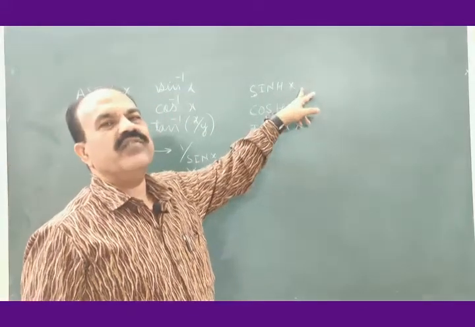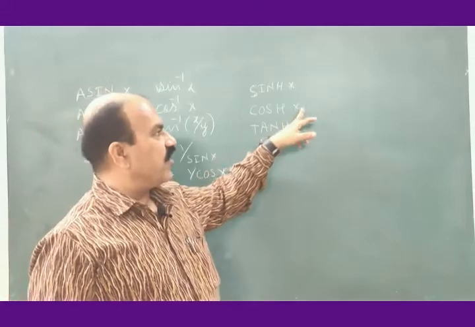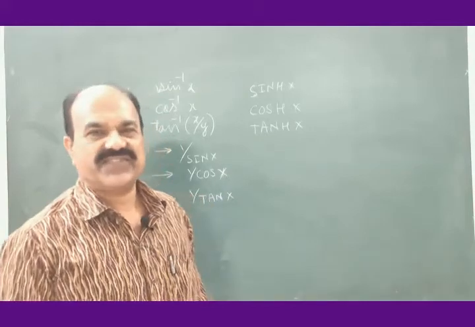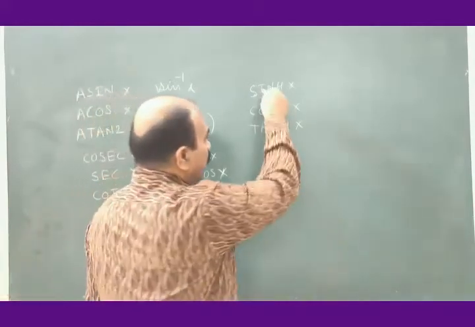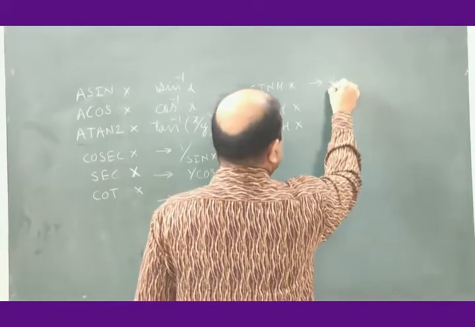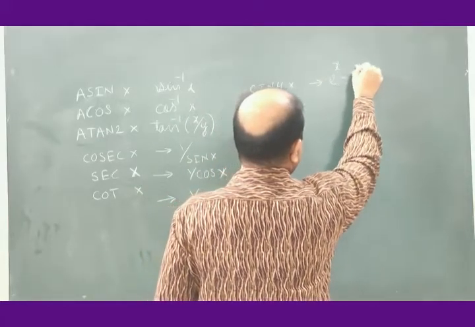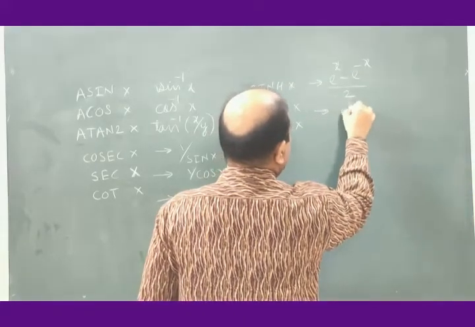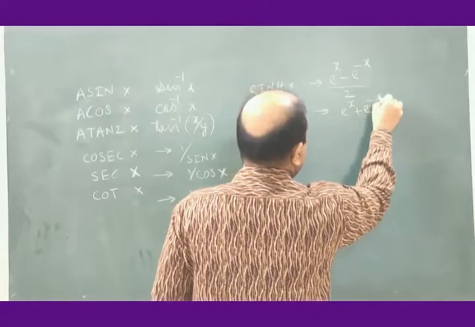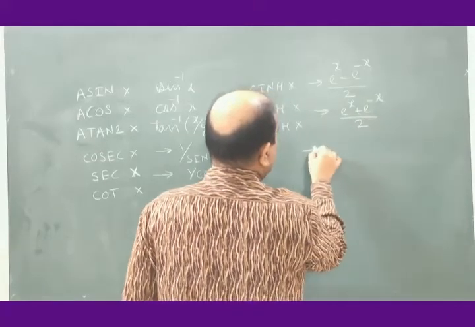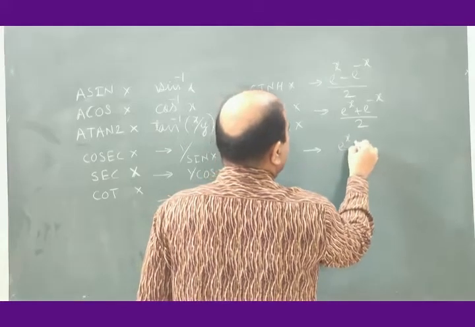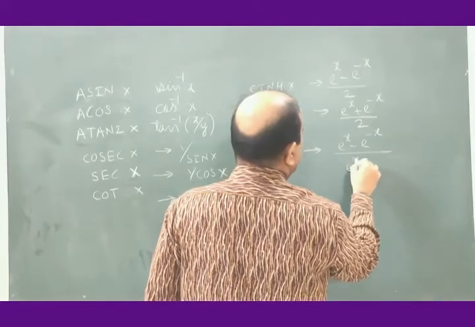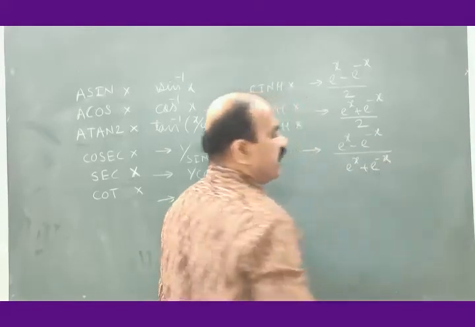Hyperbolic sine of argument x, hyperbolic cos of argument x, hyperbolic tan of argument x. How to get hyperbolic sine? e to the power x minus e to the power minus x divided by 2. Hyperbolic cos is e to the power x plus e to the power minus x divided by 2, and hyperbolic tan will be e to the power x minus e to the power minus x divided by e to the power x plus e to the power minus x.